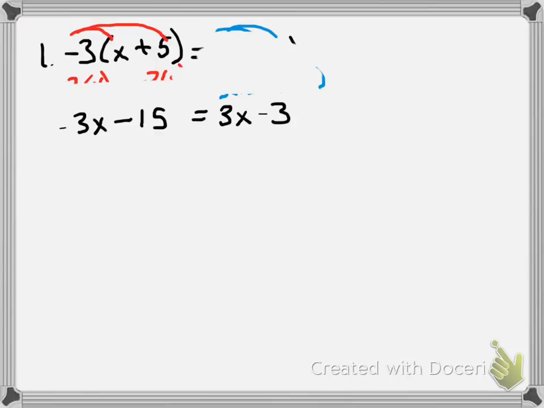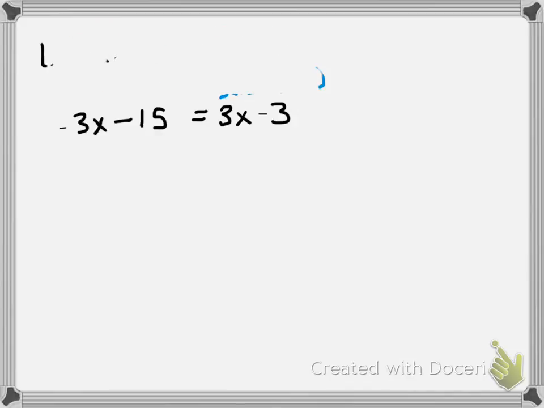Now, I don't want you to erase it. You should not erase this work from your paper. What you should do, though, is get another piece of paper and kind of cover it up. Or get your worksheet and cover it up so that you're only looking at this line. Because now this is the only line that's important to us. So now treat it like a brand new problem.